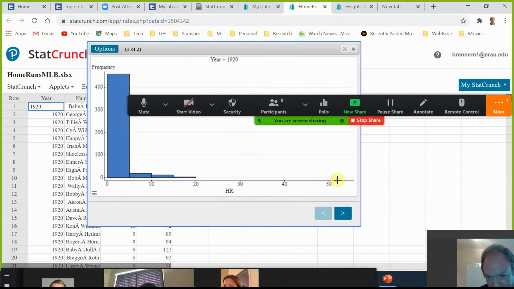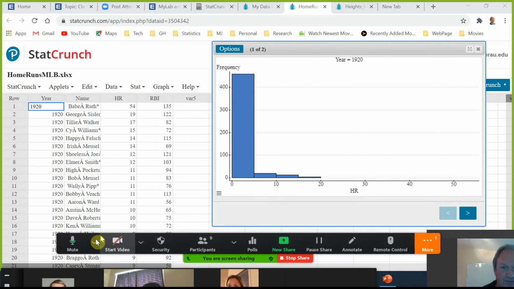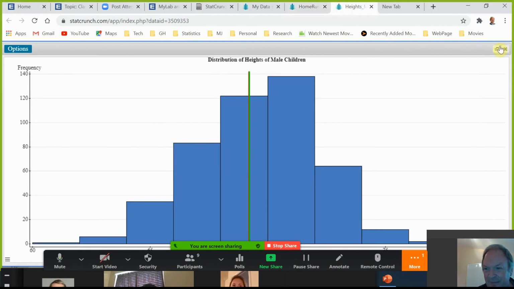It's out here. That's an outlier. In fact, you can't see it because it's a single data value. It's so small, you can't even see it. But it's here. This is Babe Ruth. He has 54 home runs. That's what an outlier looks like. There's a big gap between the rest of the data and the outlier. Everybody's good? This is making sense?